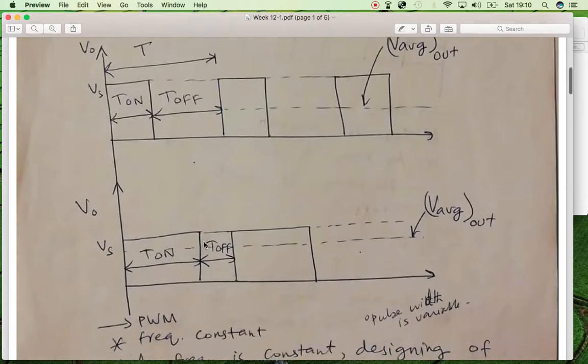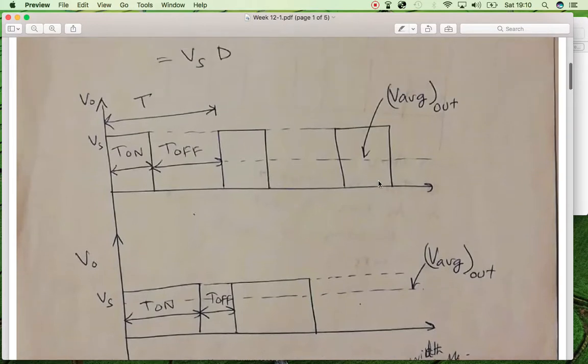Whenever we turn on more than off the switch, then the width is increased. So when the width is small, the average voltage is medium, and when the width is large, T on is greater than T off, then the average voltage appearing across the load is higher.